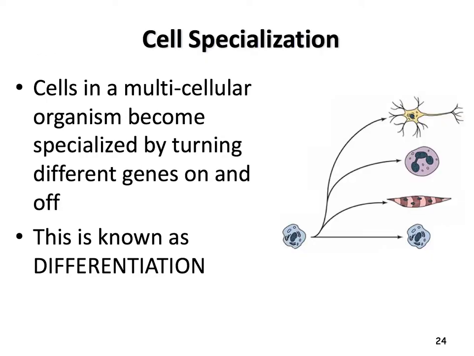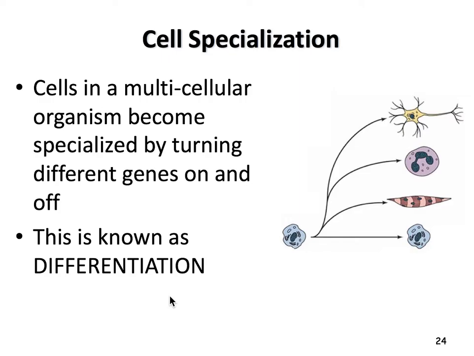All right, so the last thing we want to look at is cell specialization. Cells are different from each other, and their structure determines their function. So a red blood cell is very different from, for example, a nerve cell. And if you go back in your life history, at one point you were just one cell called a zygote. And that zygote started to go through cell division and make more cells. And those cells did something known as differentiation.